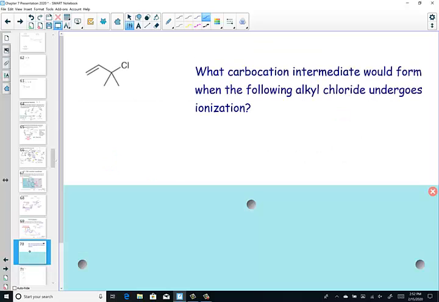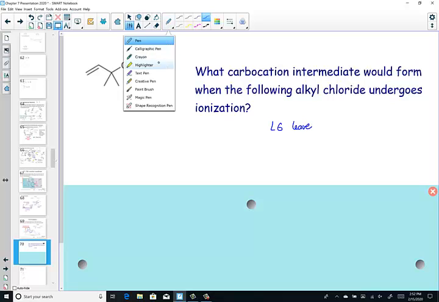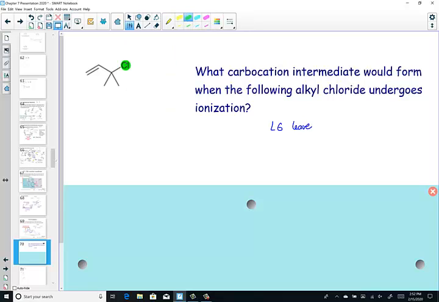Let's practice with carbocations. What would the carbocation intermediate look like from the following alkyl chloride as it undergoes ionization? The rate determining step says the leaving group has to leave. The leaving group is the chlorine in this particular case.